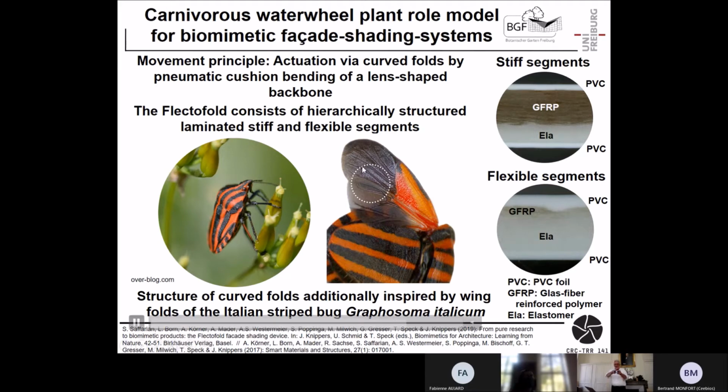The folds are bulgy and they have a slight kind of structuring in the fold additionally. And with this in mind, we could remodel our folds, and now it can open 10,000, 50,000 times. And it's typical for biomimetics. We have not only one role model, we often have two, three, or four, where you borrow ideas from different groups, here plants and bugs.